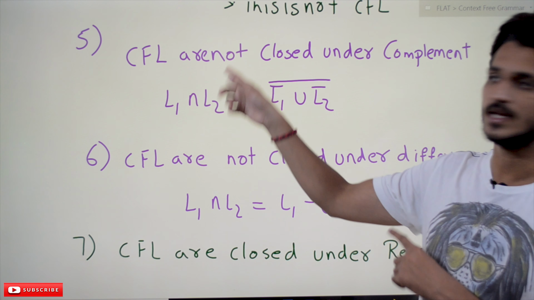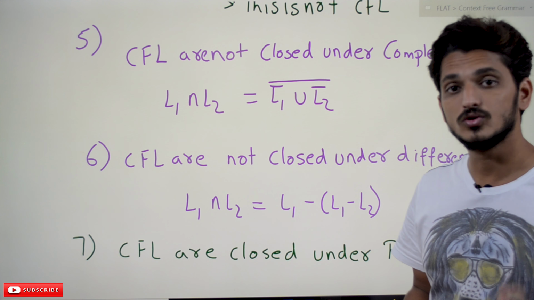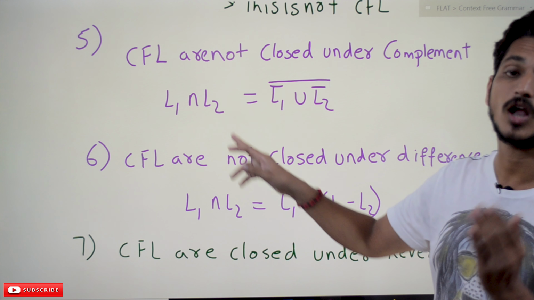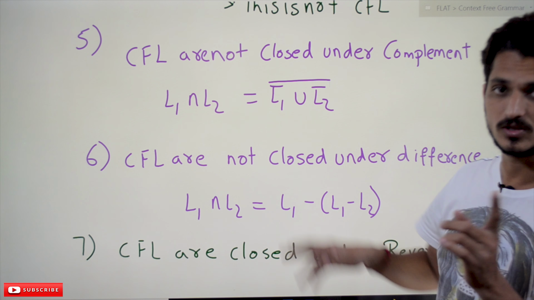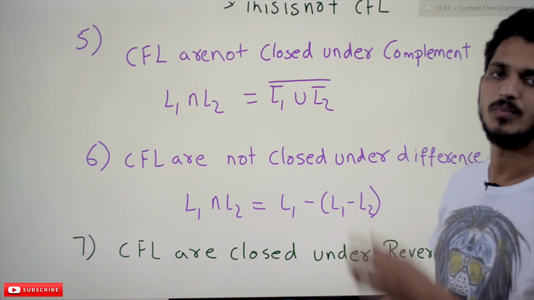We already proved that L1 intersection L2 is not a context-free language, so context-free languages are not closed under intersection. Then this is a contradiction. That's why context-free languages are not closed under complement.